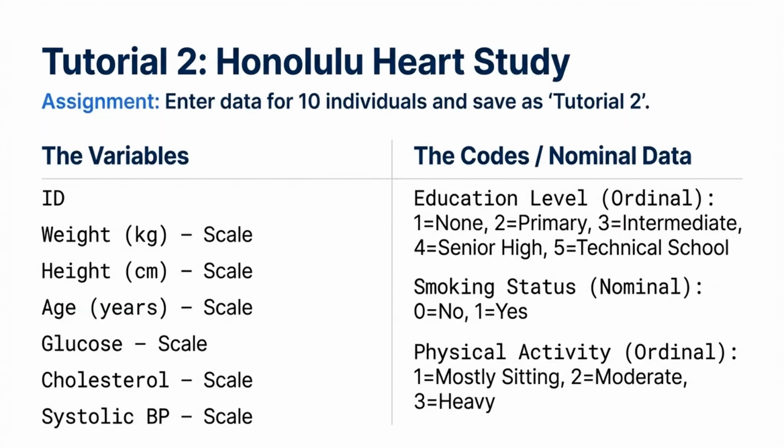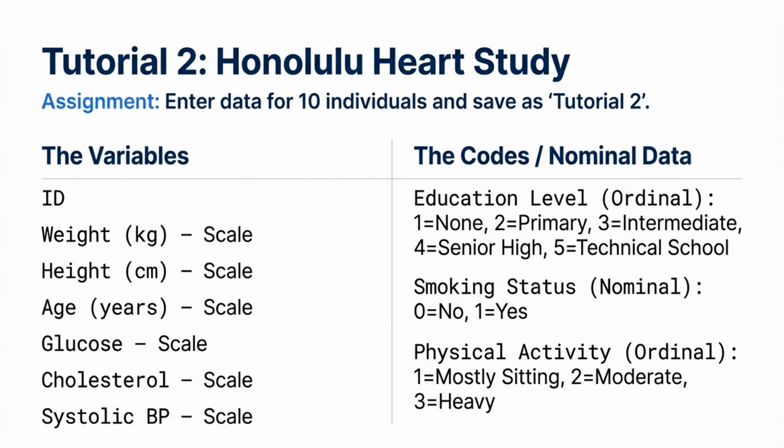Tutorial 2, Honolulu Heart Study. Assignment: enter data for 10 individuals and save as tutorial 2. The variables: ID, weight in kg, scale type of variable; height in centimeters, scale type; age in years, scale type; glucose, scale type; cholesterol and systolic blood pressure, scale type of variable.